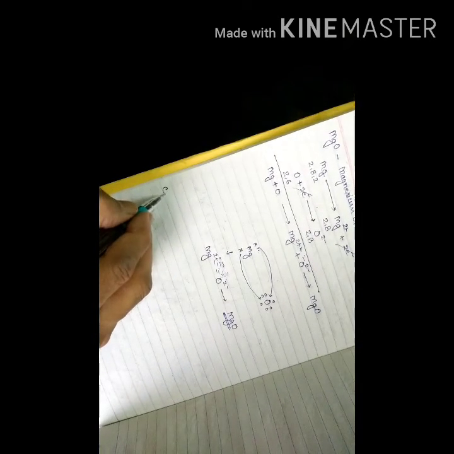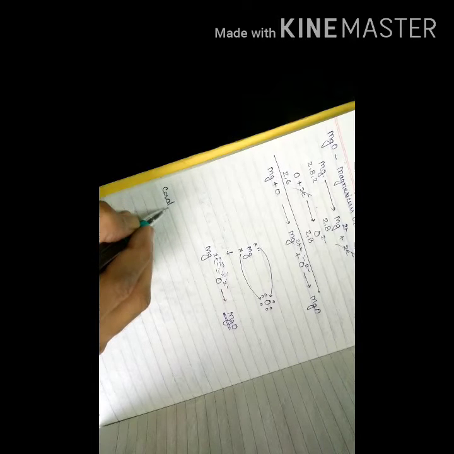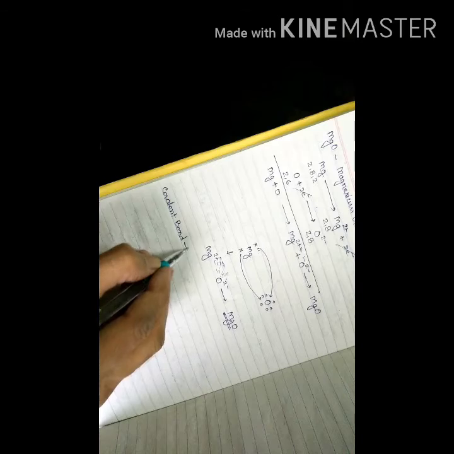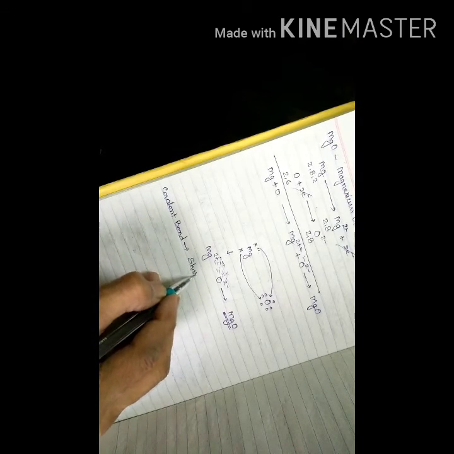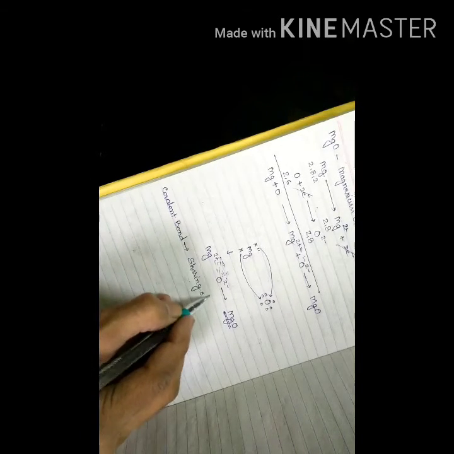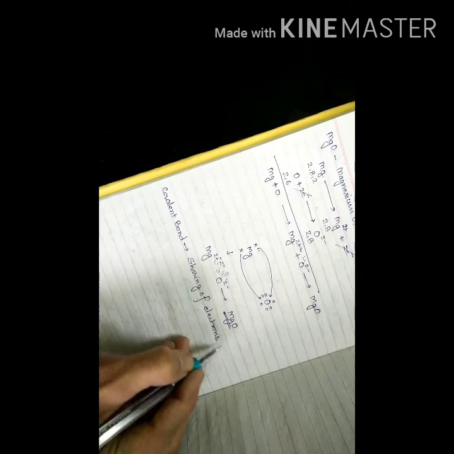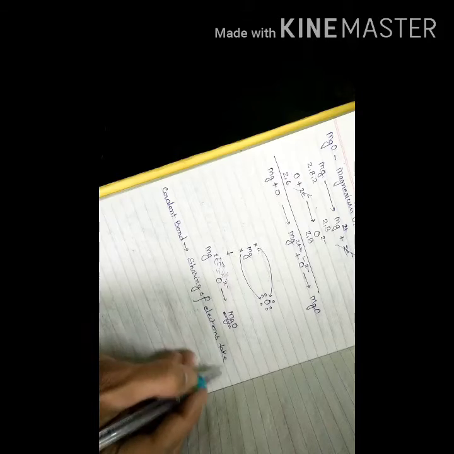Now another type of bond is covalent bond, in which sharing of electrons takes place.